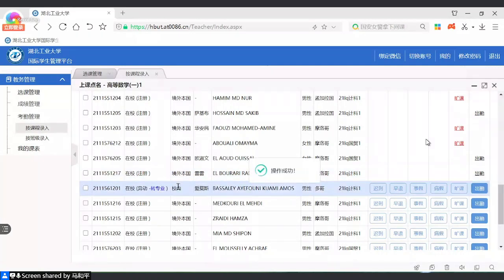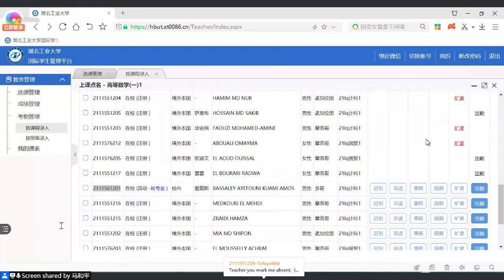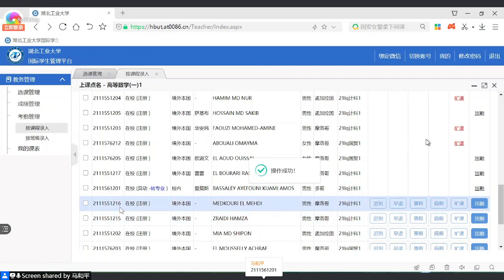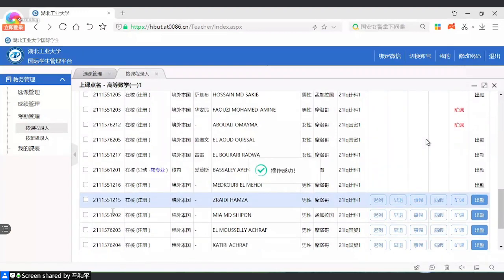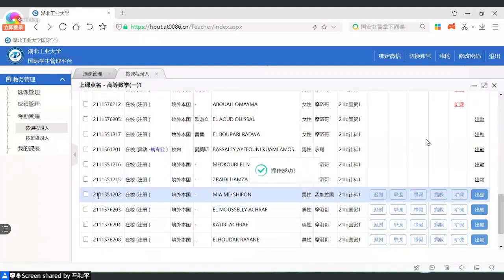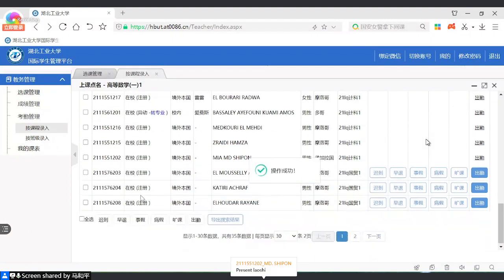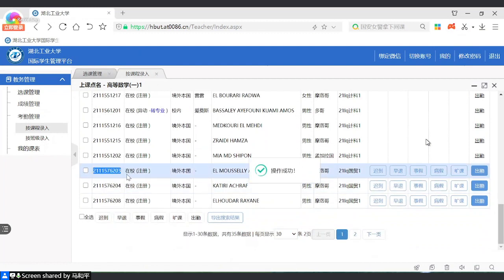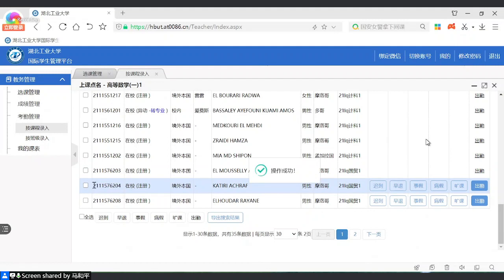OK, 1201, 爱默斯. Next, 1216. Present, miss. Next, 1215. I'm here, miss. OK, next, 1202. OK, present. Next, 6203 高老师. OK, 6204 高老师. OK.